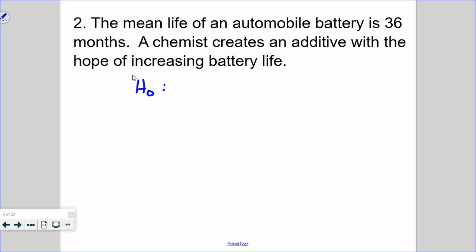Mu is equal to 36. So we're assuming that it's 36. What is my alternative hypothesis? I want to show that the additive will increase the battery life. So mu is going to be greater than 36.